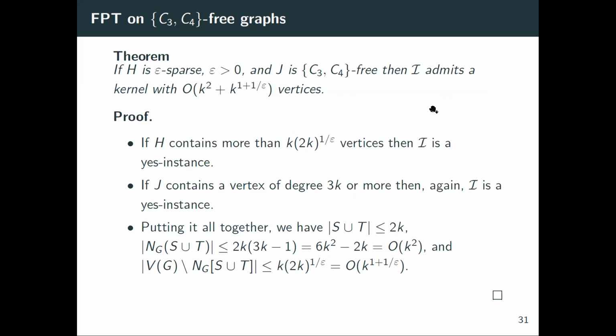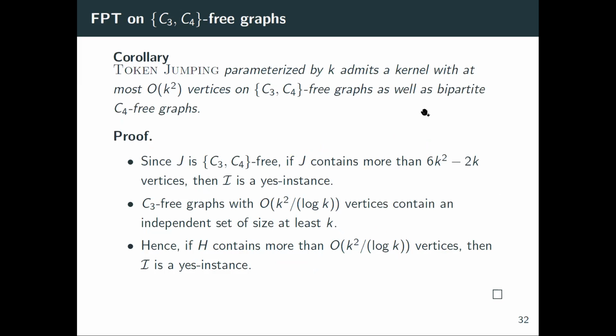All right. So how does this theorem imply the result that I promised you to start with, that token jumping and token sliding admit a kernel with order k squared vertices? It also holds for bipartite C4 free graphs, obviously, because they are C3, C4 free. So how do you get the kernel? We know that J cannot contain more than 6k squared minus 2k vertices.